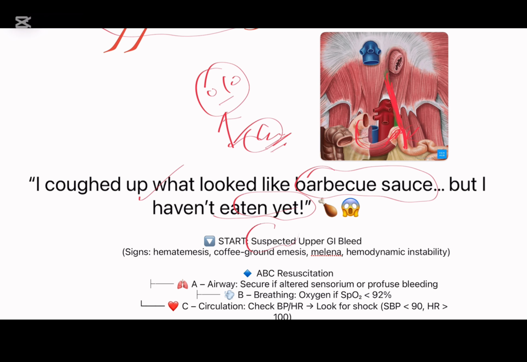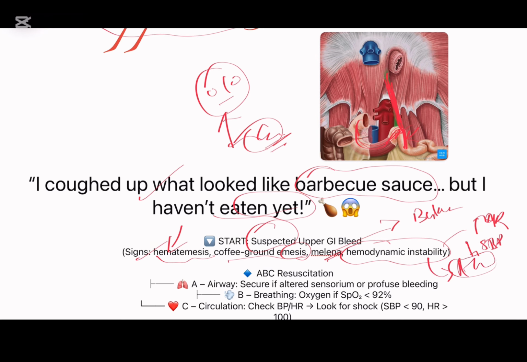If we suspect it, we should look for signs like hematemesis, vomiting of blood, coffee ground vomitus, melena, meaning passage of black tarry stool, and check for hemodynamic instability like increased heart rate, decreased systolic BP, and altered mental sensorium.